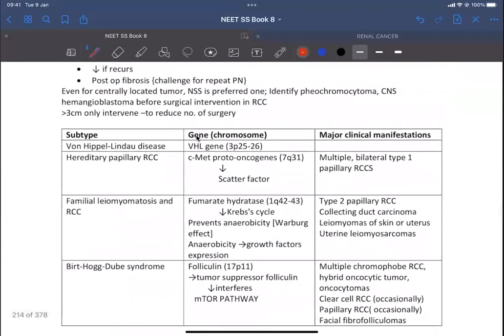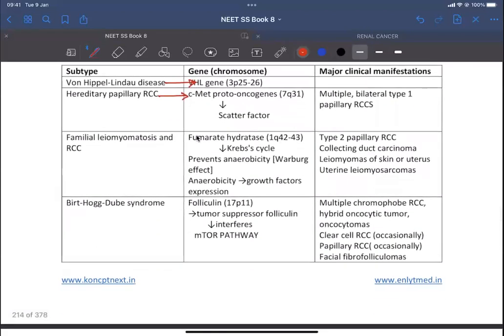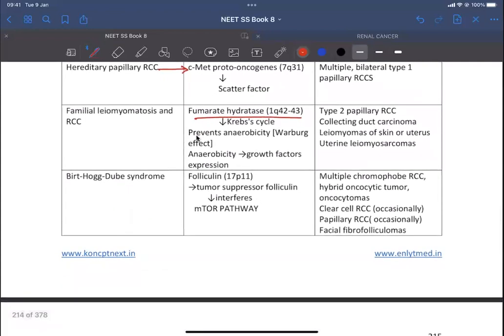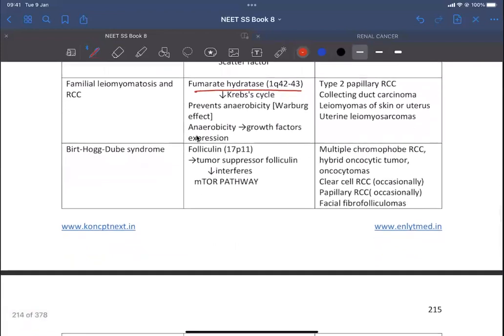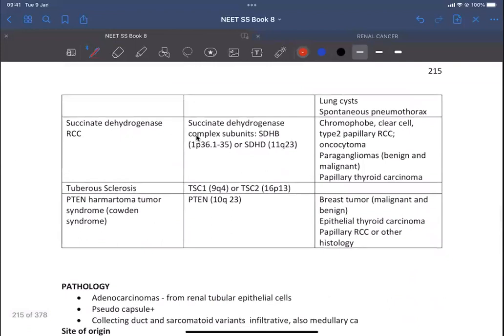So again, this is just repetitive von Hippel-Lindau, to take you through those genes again and again. HLRCC is in chromosome 1 with fumarate hydratase, and hereditary papillary RCC is MET in chromosome 7. Birt-Hogg-Dube is folliculin in the mTOR pathway. You can get chromophobe RCCs, oncocytomas, and succinate dehydrogenase RCC.